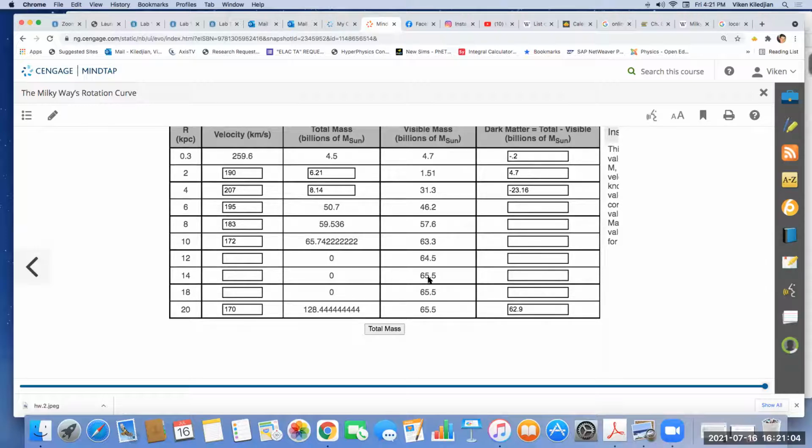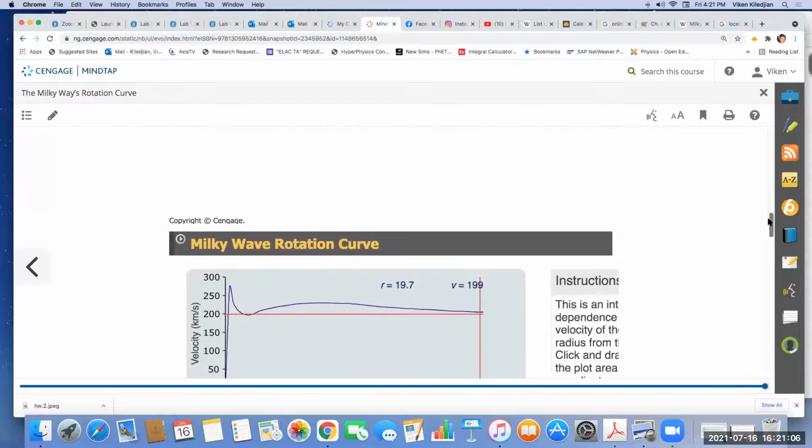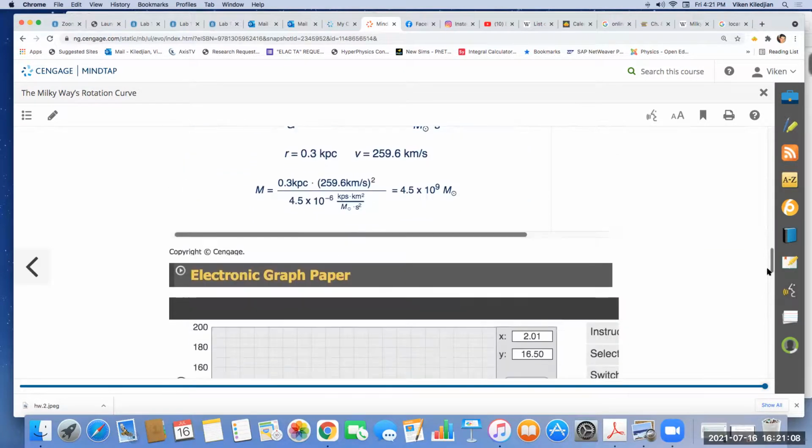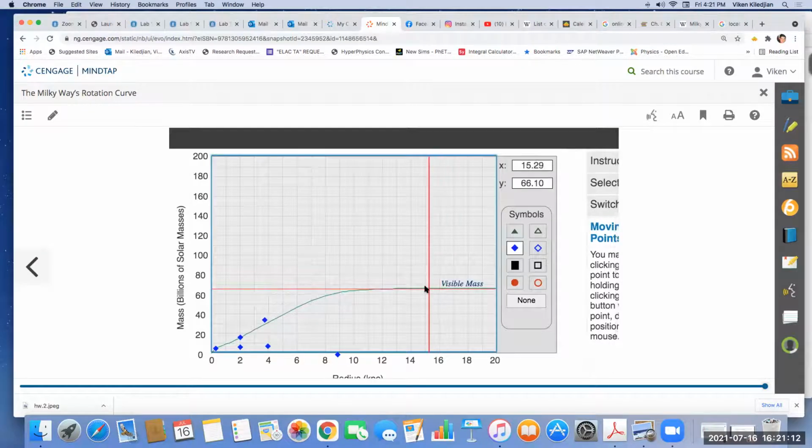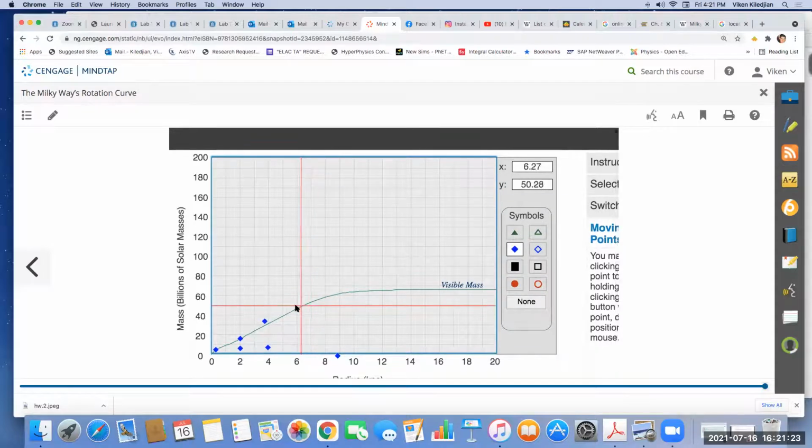Is the 65.5 correct? Let's look. Yeah, that part's correct. It's around 65, 66. So that one's good. And then it goes down, the visible matter.